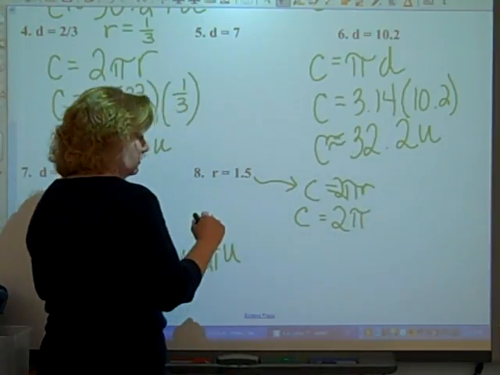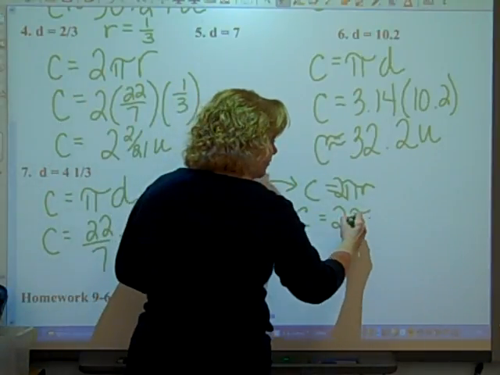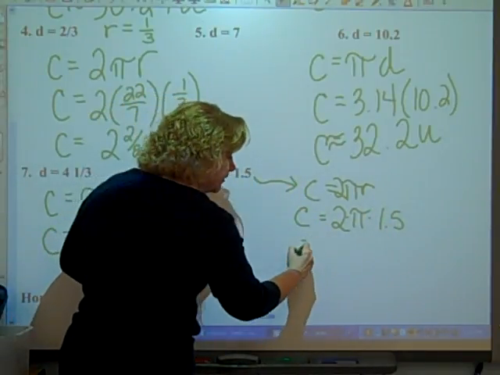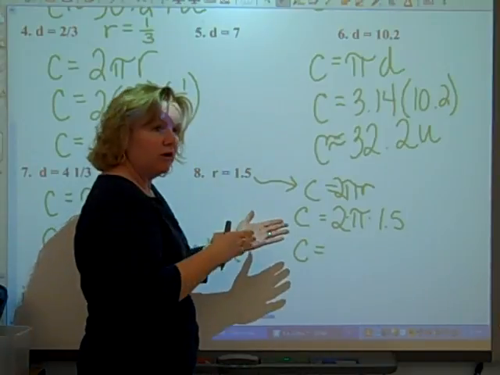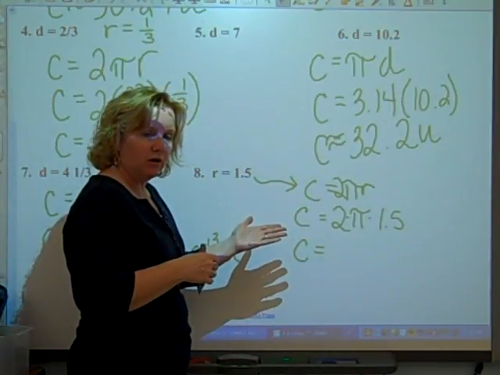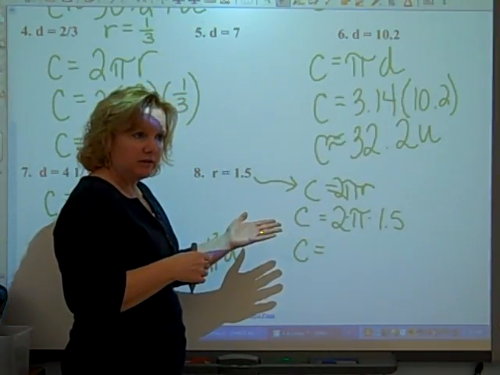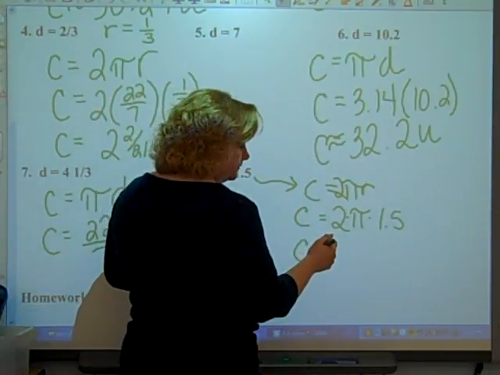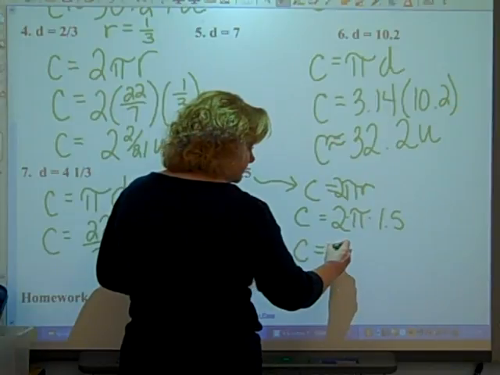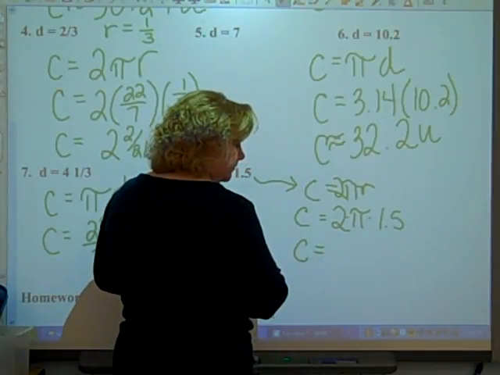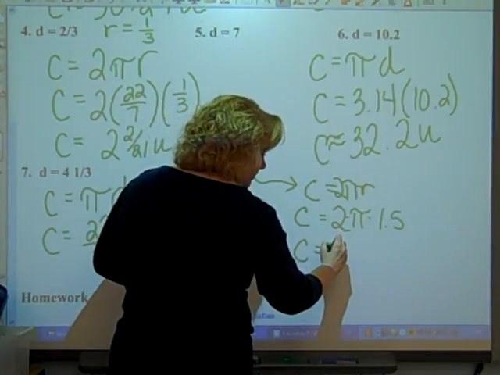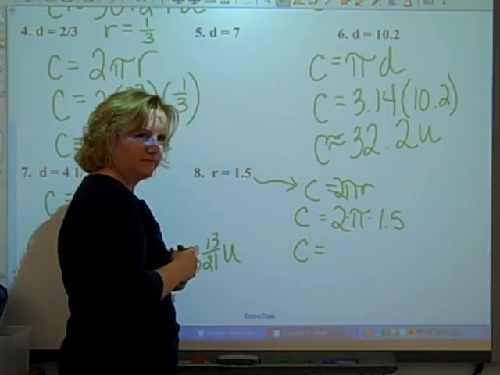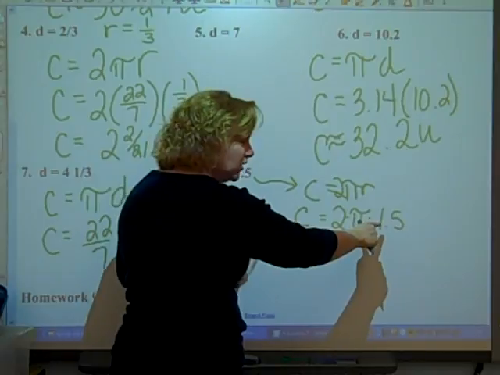Okay? So it's going to look like this. What's my radius? 1.5. Okay, so times 1.5. Okay? I'm going to simplify this. What could I multiply together here, Mason? 2 and 1.5. And what do I get when I do that? 2 1.5s.